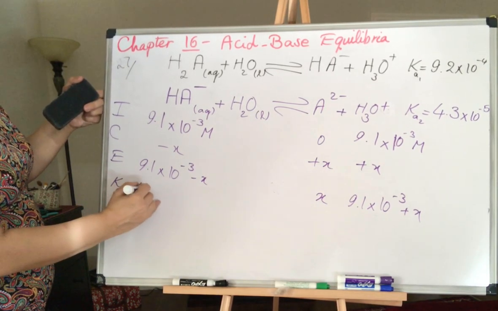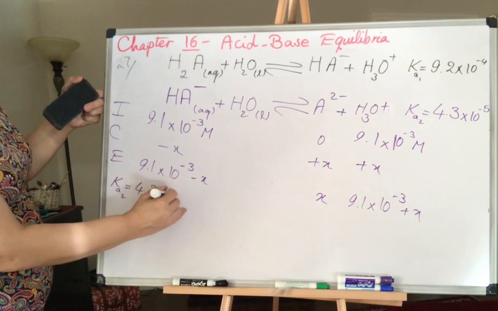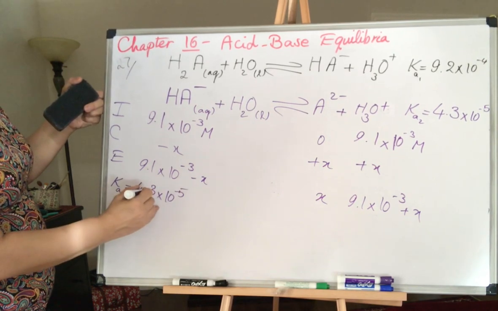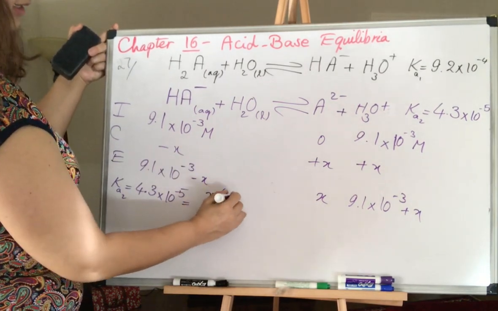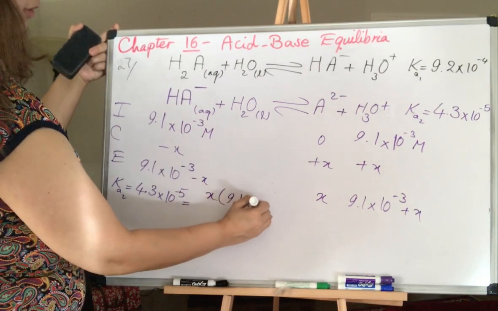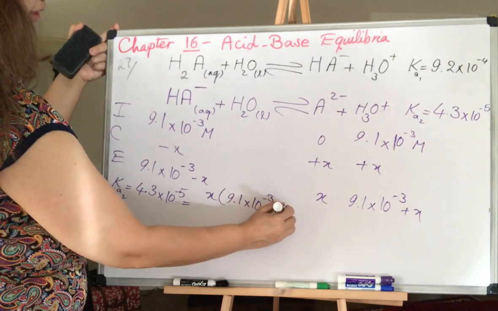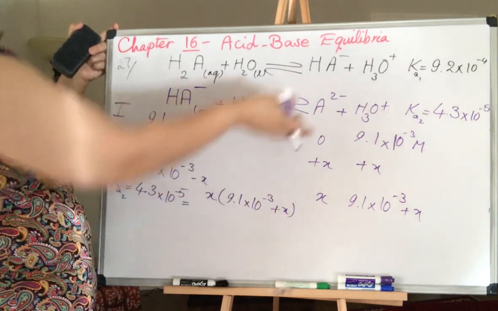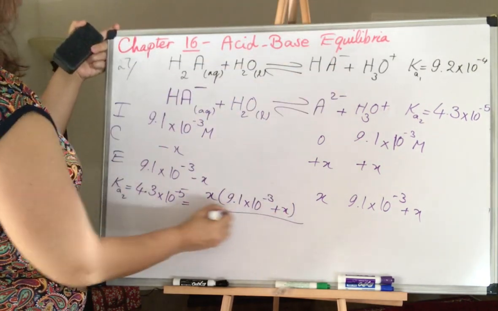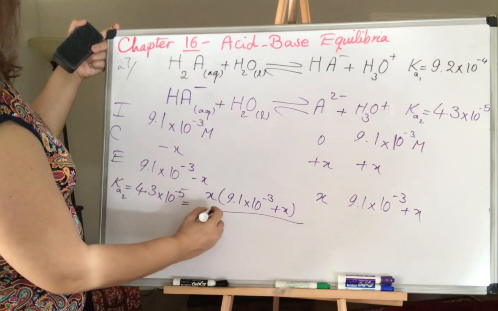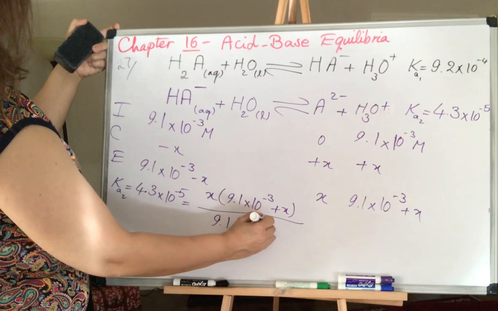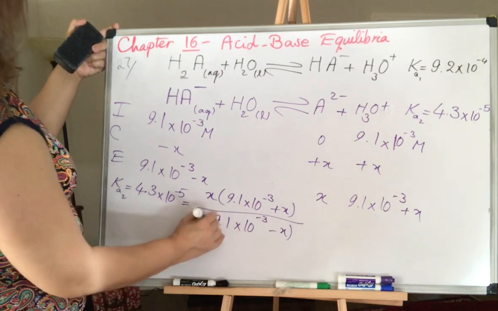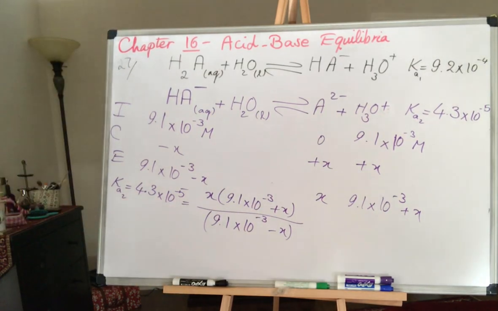So the shape of Ka2 is a little bit different. Ka2, we said it's 4.3 times 10 to negative 5, is equal to X times 9.1 times 10 to negative 3 plus X, the product of the concentrations of products, divided by the concentration of the reactant, 9.1 times 10 to negative 3 minus X. All right.